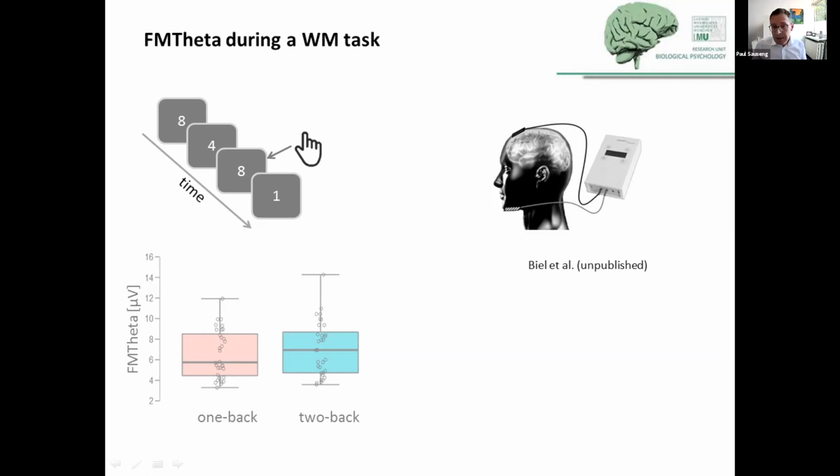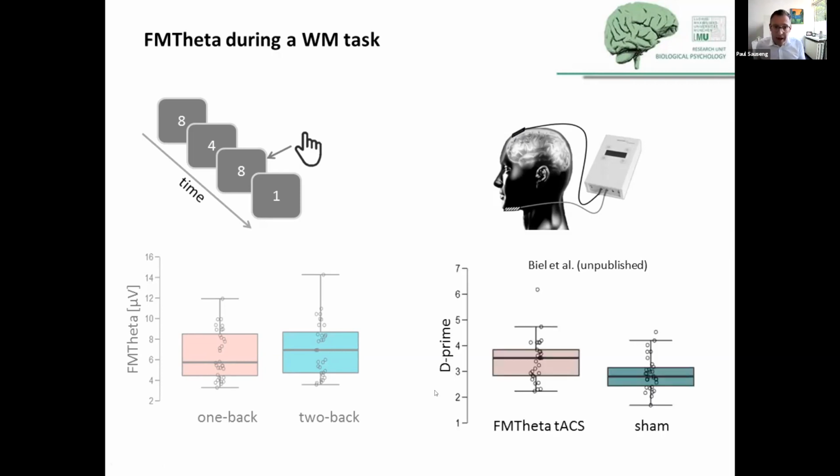And then we stimulated either at theta frequency, or we applied sham stimulation, where effectively the stimulator is shut off. And what we found was that in this task, d prime as a sensitivity measure was significantly increased in the frontal midline theta tACS stimulation compared to sham stimulation. So it seems as if this effect is even of causal nature, right?